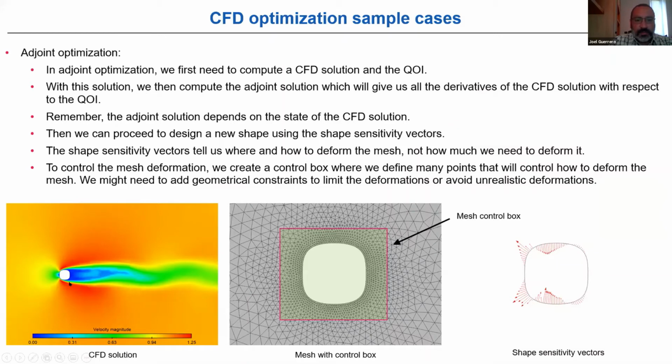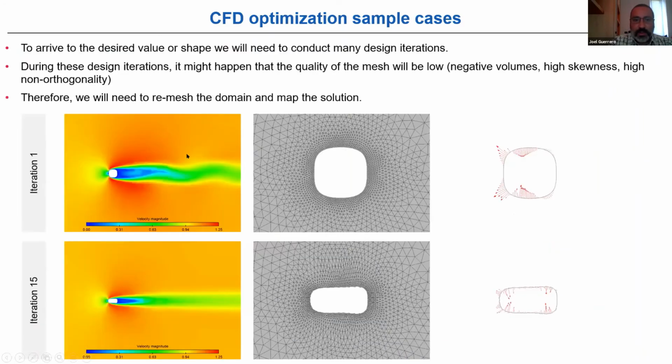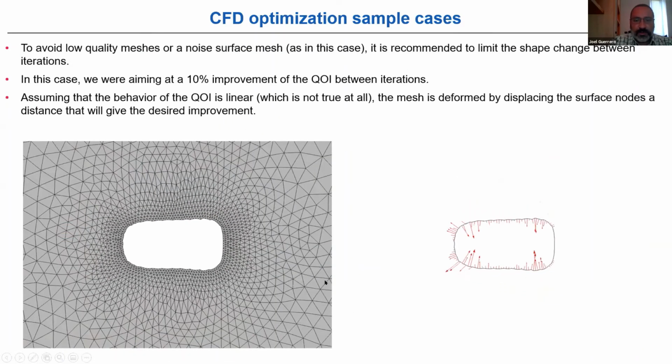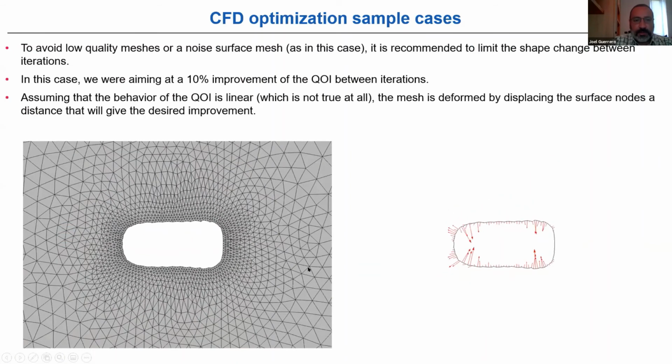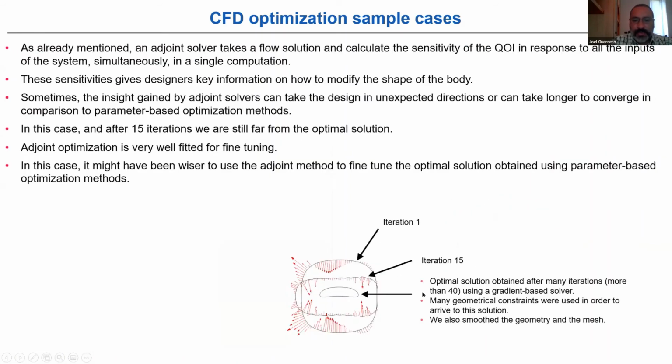Very important also when you do optimization, in particular adjoint, try to avoid unsteady solutions, because every single state of your unsteady solution will correspond to a different shape. So in this case, see that at the beginning it is unsteady and that is a problem. But then after 15 iterations, we're getting to this, it's evolving. And at the end of the day, after about 40 iterations, we get to this shape.